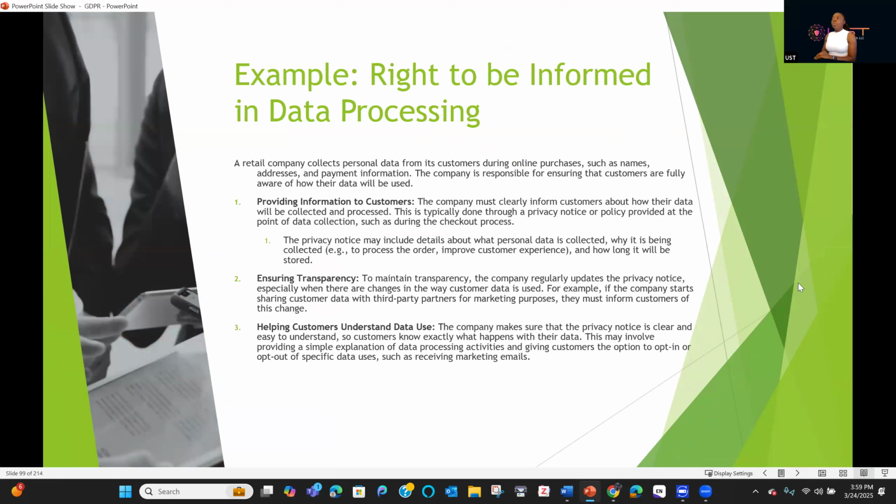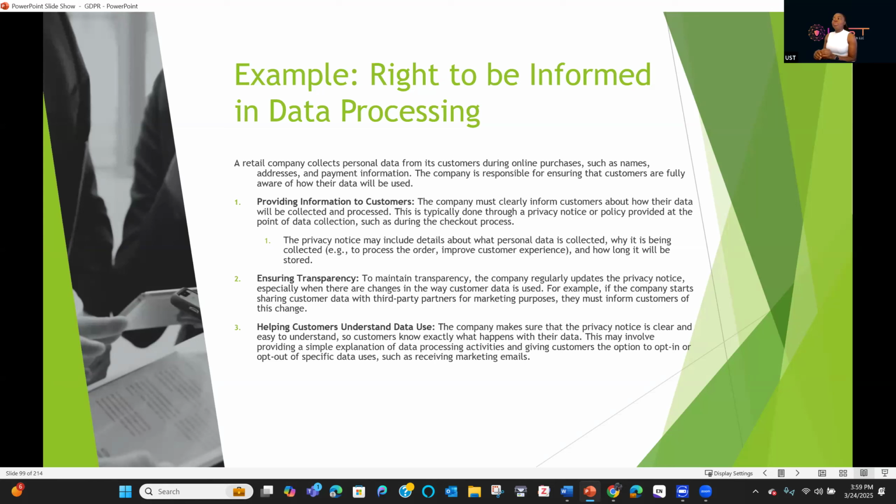A typical example of the right to be informed in data processing: a retail company collects personal data from a customer during an online purchase, such as names, addresses, and payment information. The company is responsible for ensuring that customers are fully aware of how their data will be used. Providing information to customers, the company must clearly inform customers about how their data will be protected and processed.